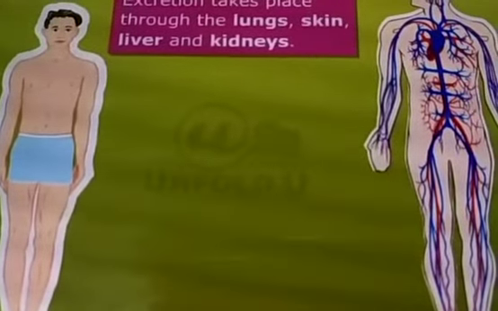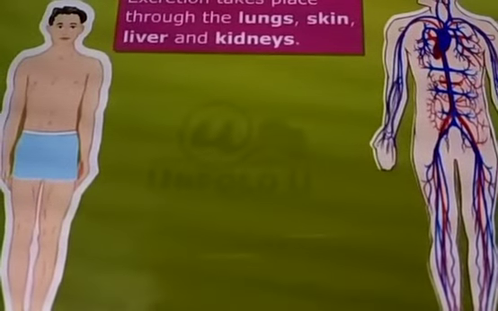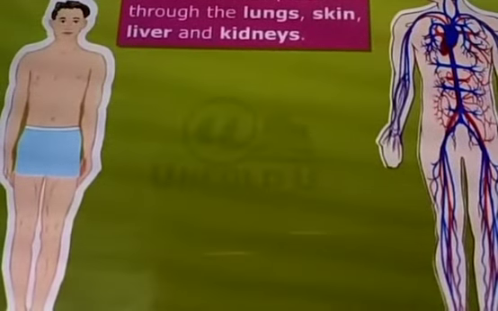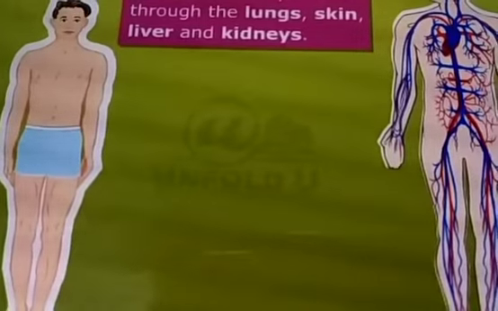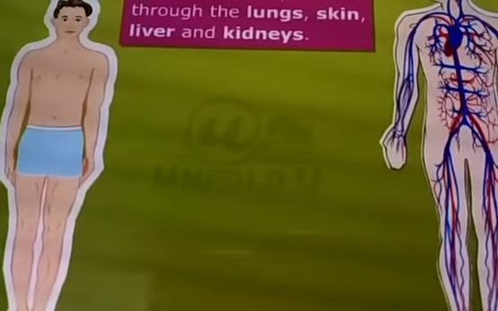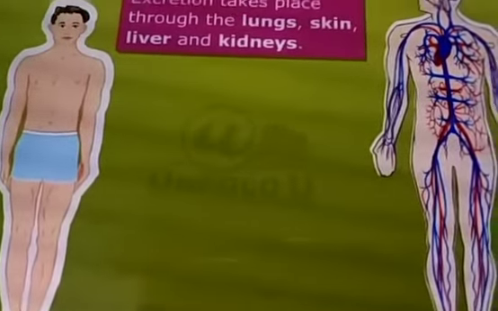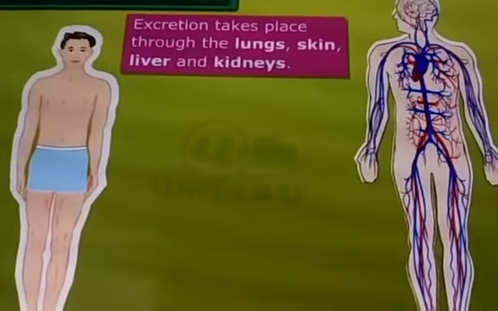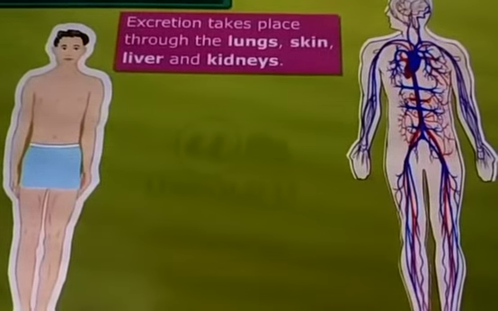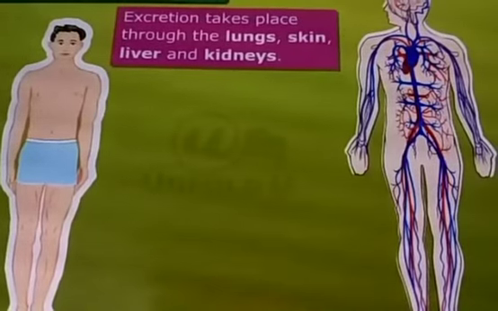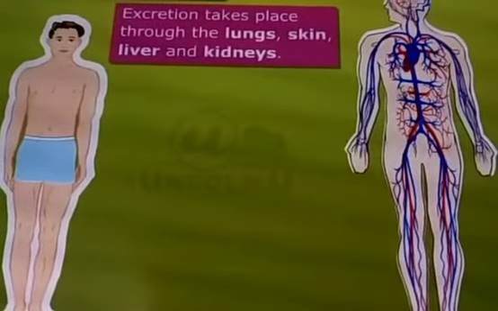Now let us find out how the other waste materials are removed from the body. You may wonder where these unwanted materials come from. When our cells perform their functions, certain waste products are released. They are toxic and hence need to be removed from the body.